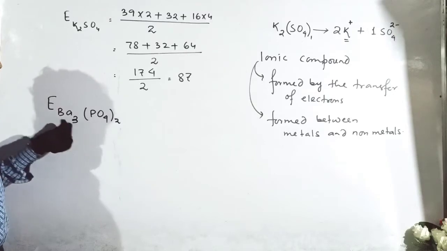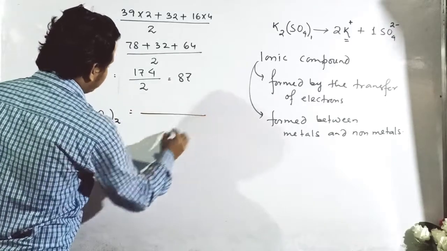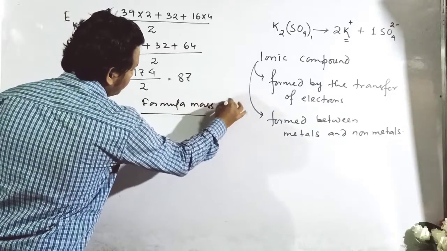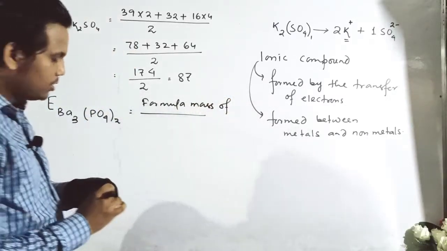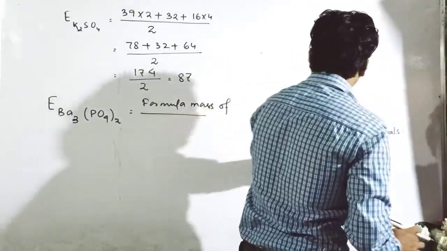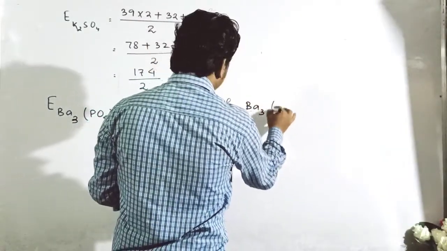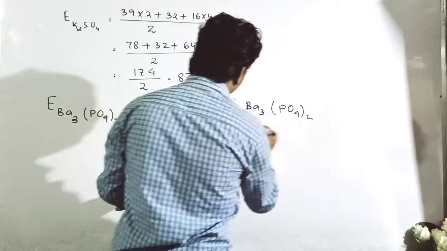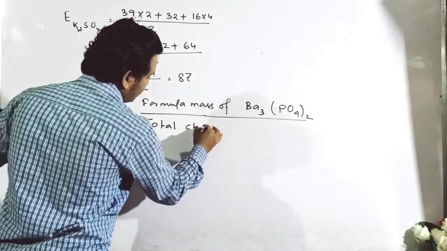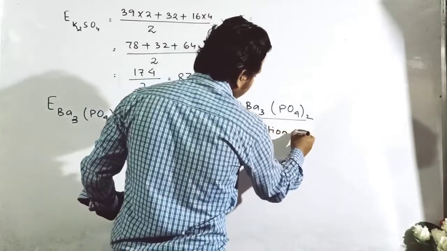What will be its equivalent mass? The equivalent mass will be the formula mass of barium phosphate divided by the total charge on cations or anions.